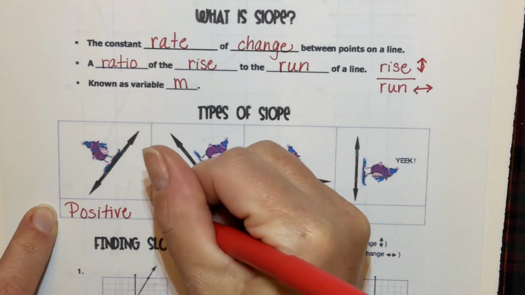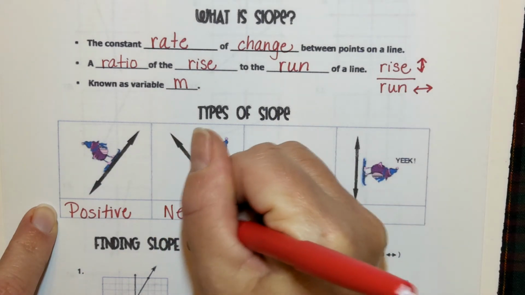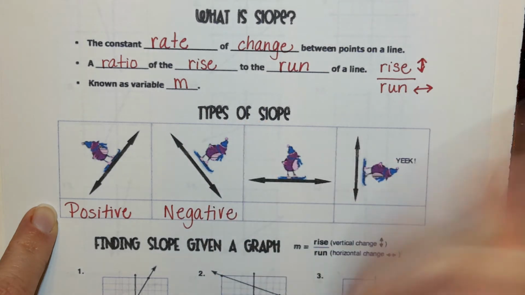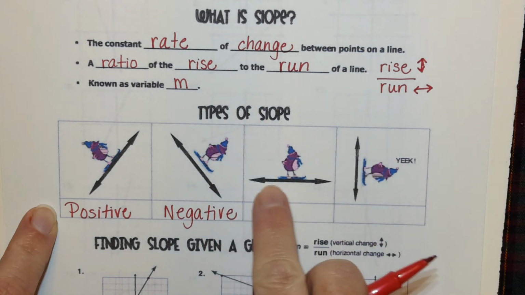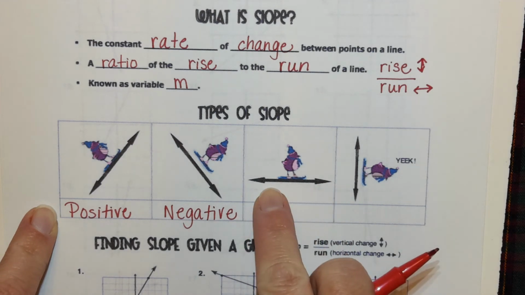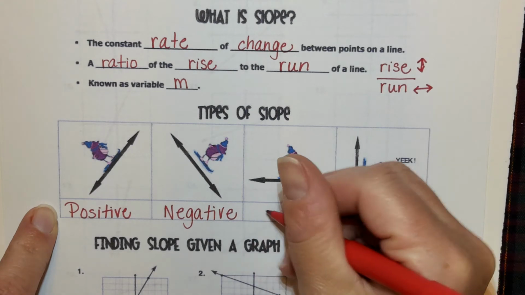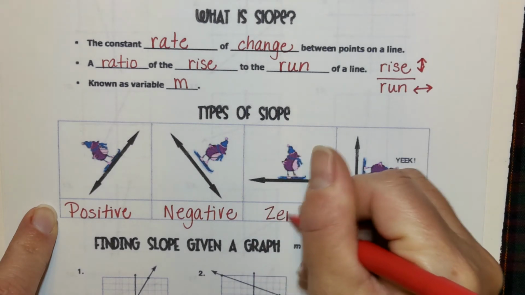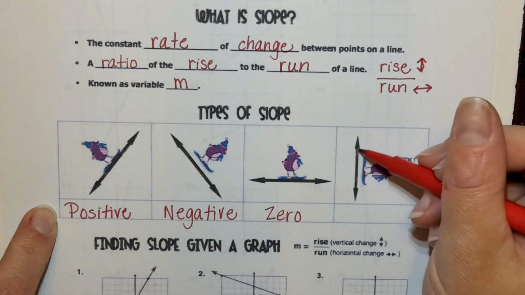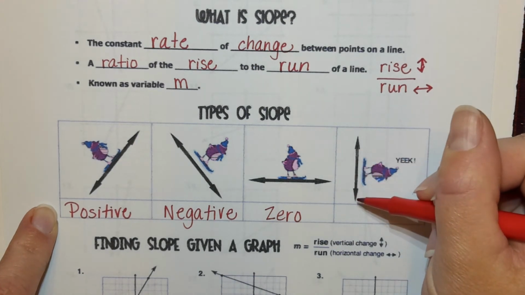If from left to right, your line is going down, pointing down to the right, that is called negative slope. If your line is perfectly flat, this nice horizontal line, doesn't go uphill, doesn't go downhill, that is called zero slope.